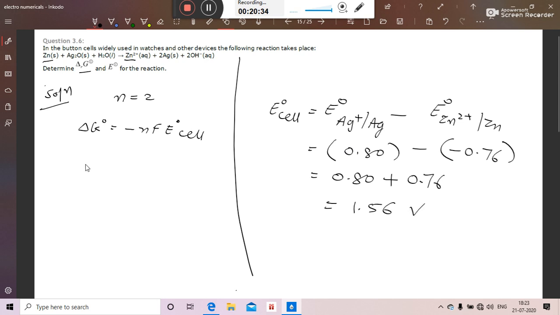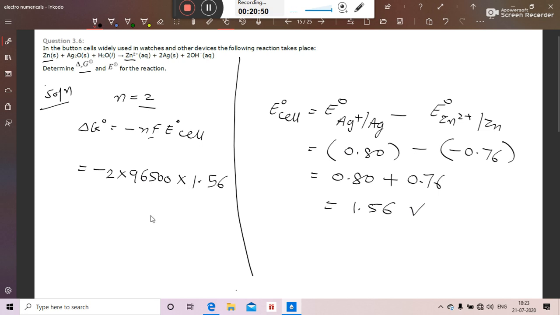Now in case of delta G naught, minus is there, n is 2. So 2 into F, where F is 1 Faraday, and 1 Faraday is 96500 coulomb, into E naught cell, which is 1.56 volt.